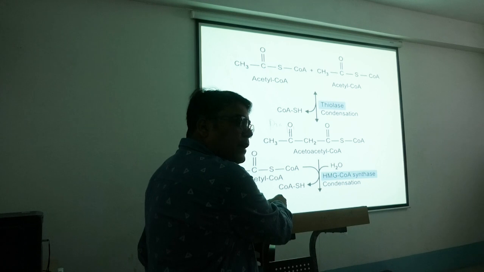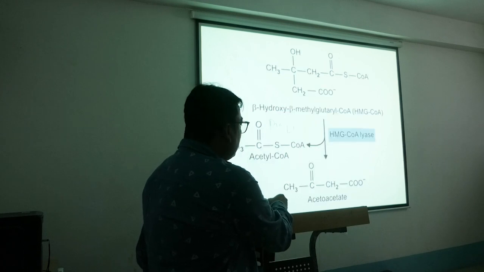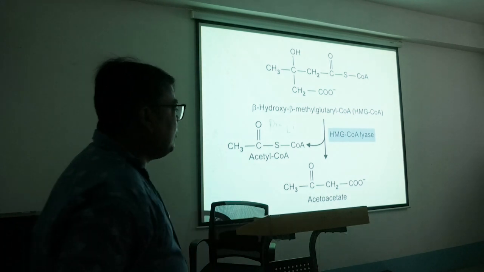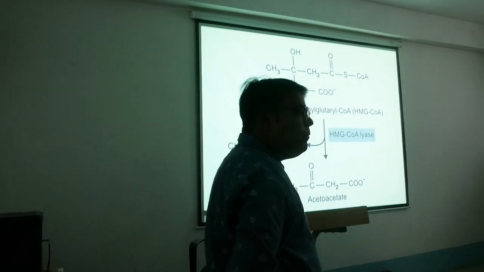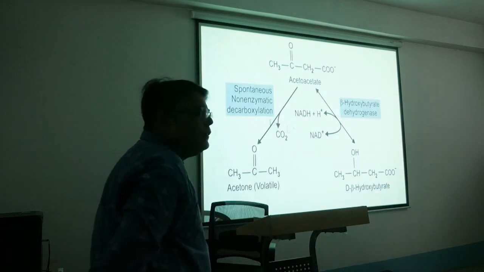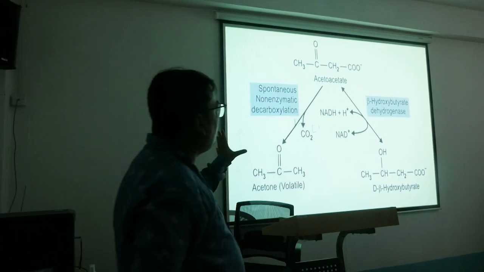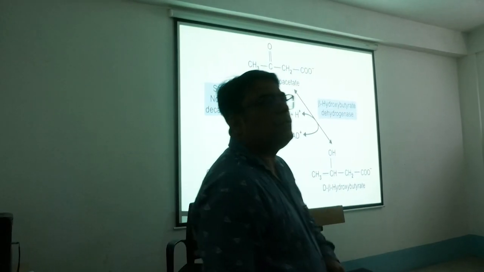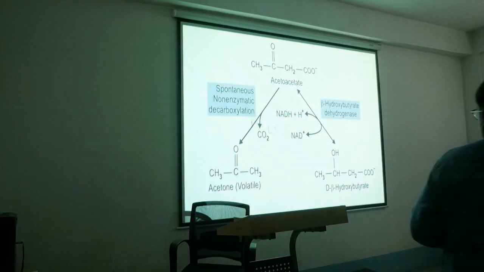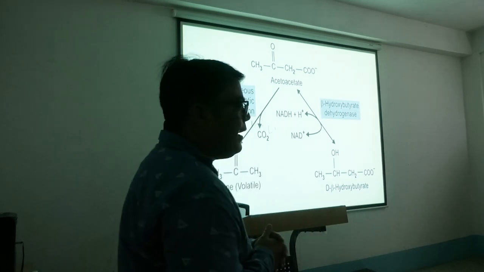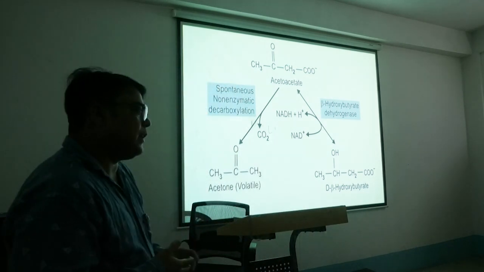It is a rate limiting step, very important. And lastly, by HMG-CoA lyase, it forms acetoacetate. And after this, by a non-enzymatic decarboxylation process, the other types of ketone bodies are also formed. One is called acetone, the second one is beta hydroxybutyrate. Understand?